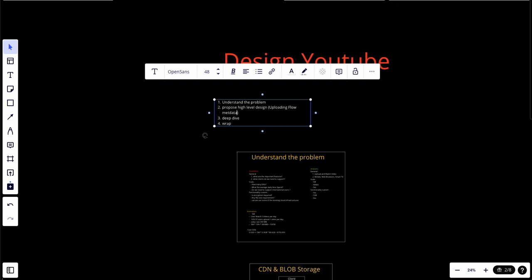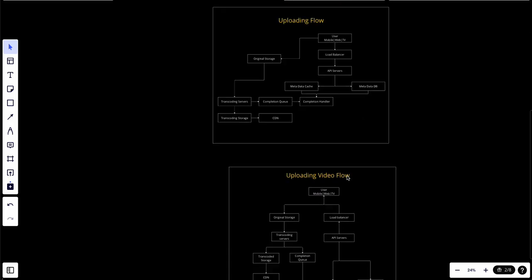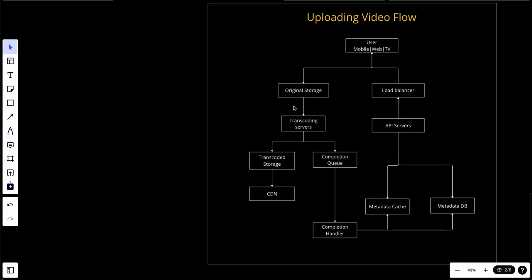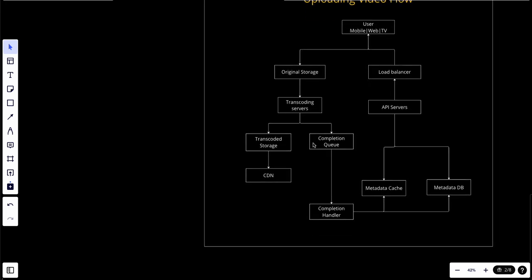In the previous video we talked about the uploading flow of the videos. While the file is being uploaded to the original storage, the client in parallel sends requests to update the video metadata.